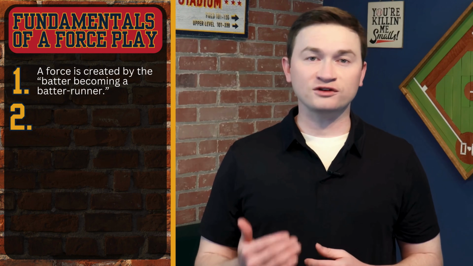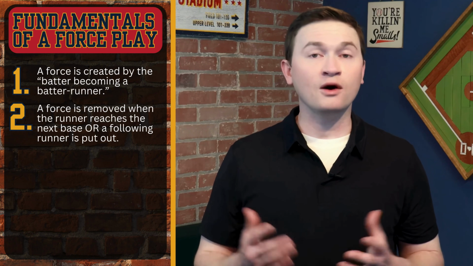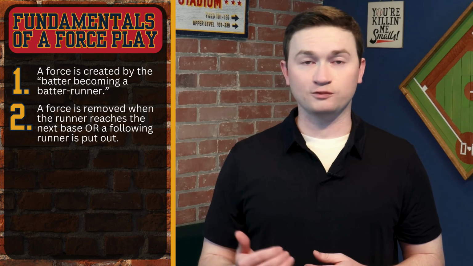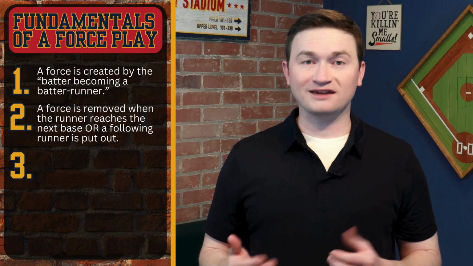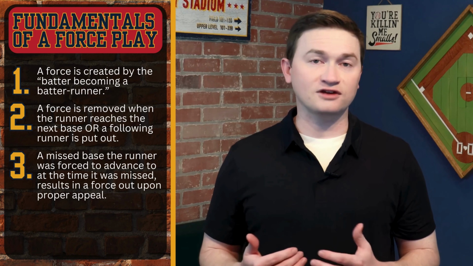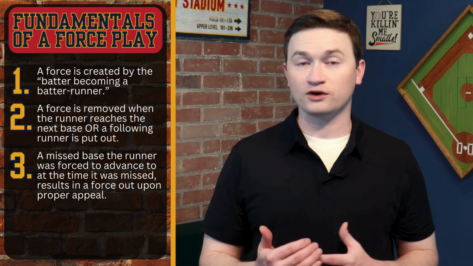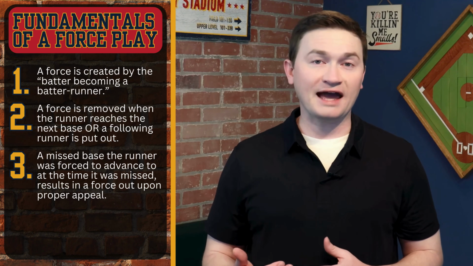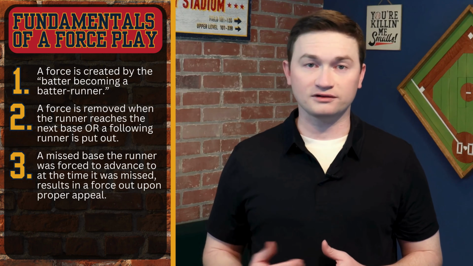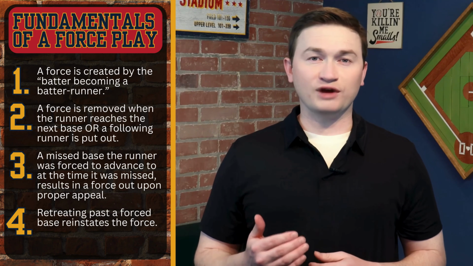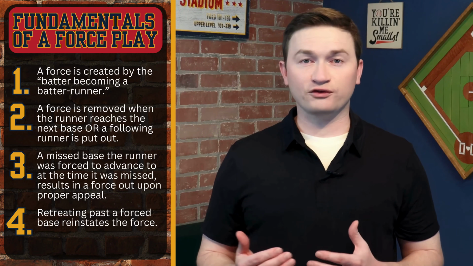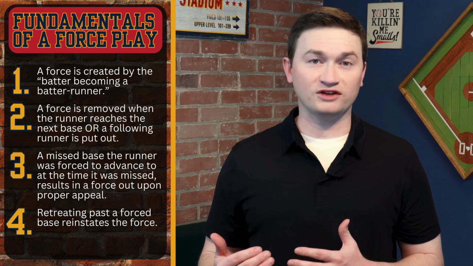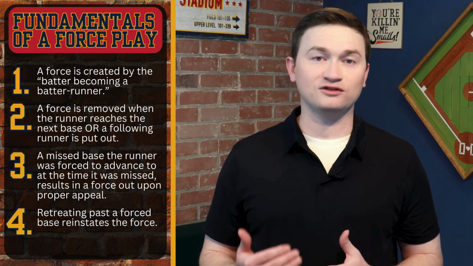It ends as soon as a runner touches the next base or once a following runner is put out. Third, a missed base keeps the force play active, so if a runner misses the base they are forced to advance to, the defense can still record a force out by tagging the base before the runner returns. And finally, retreating reinstates a force. So if a runner retreats past the base to which they were forced, the force play is reinstated.